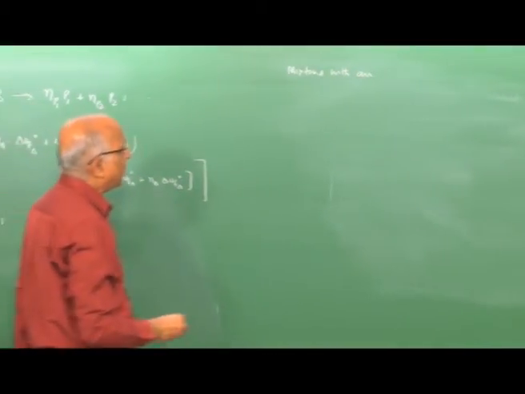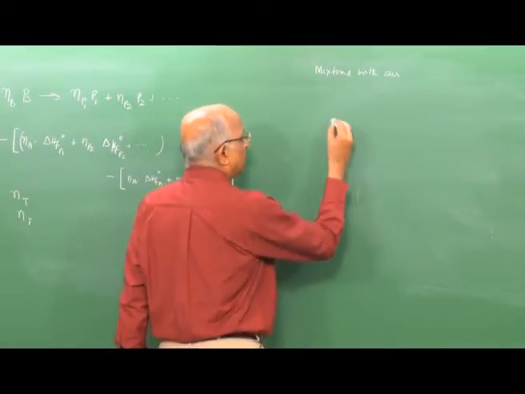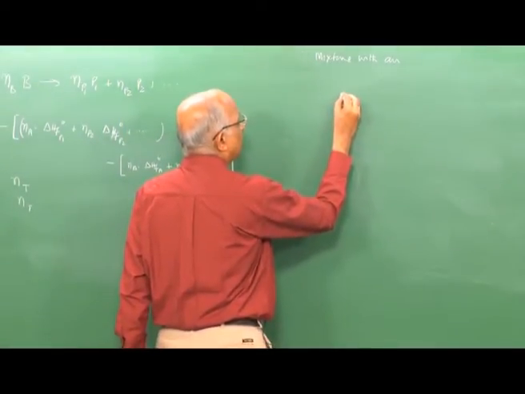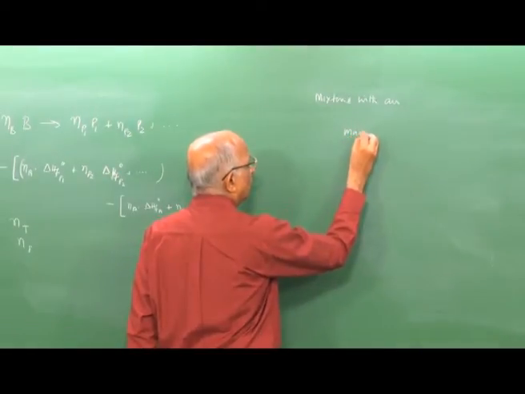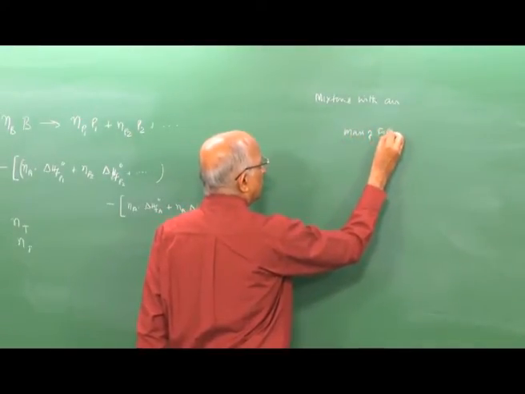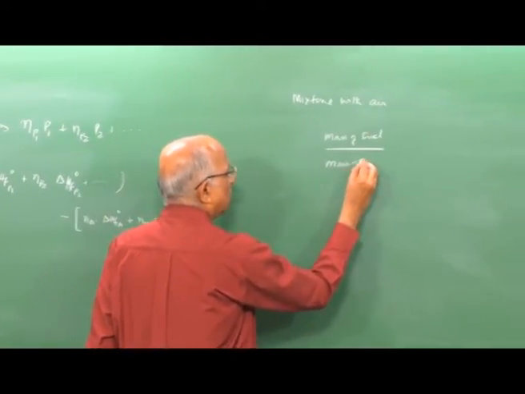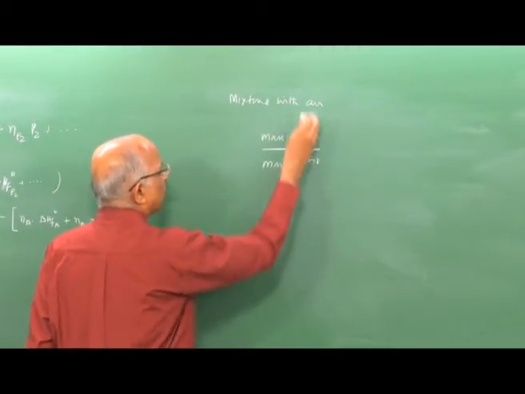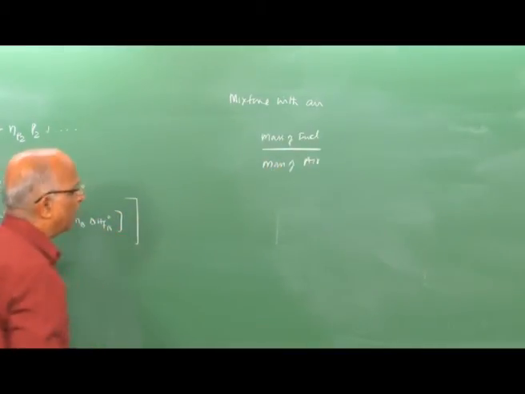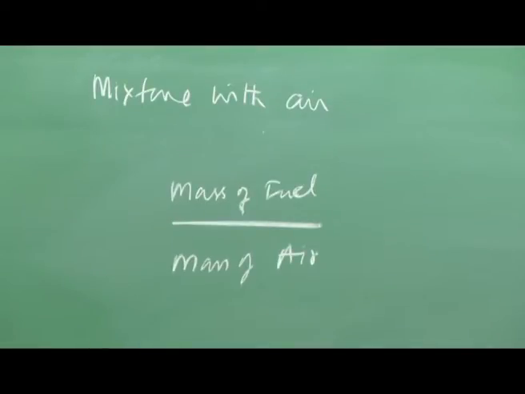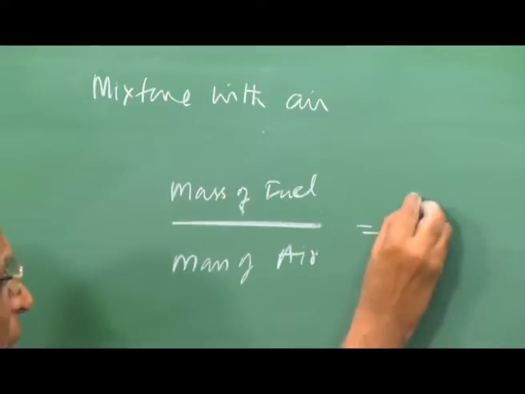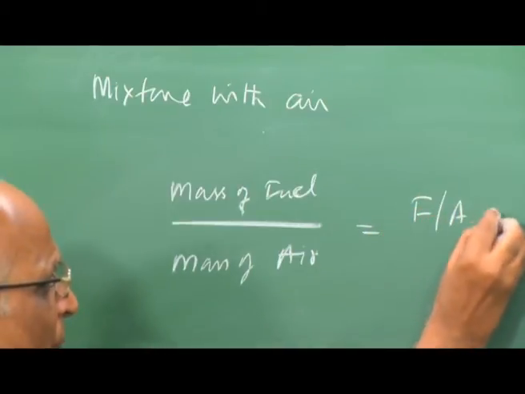When we say a mixture, we also talk in terms of mass of fuel divided by mass of oxygen or, let us say, mass of air, because we are considering air. When it is in the mass ratio, we call it the fuel to air ratio.